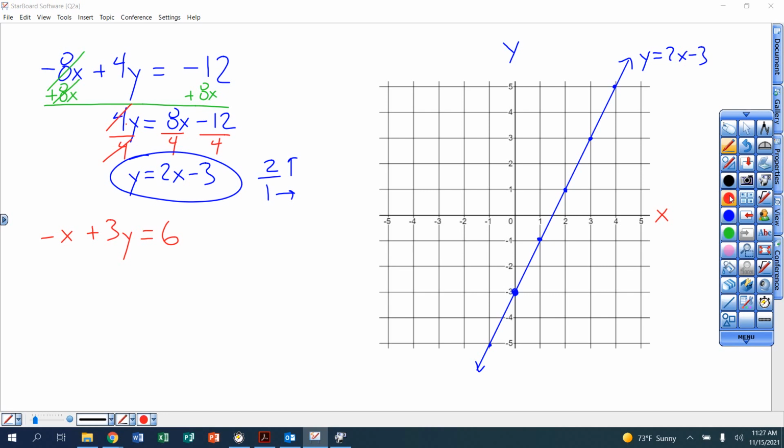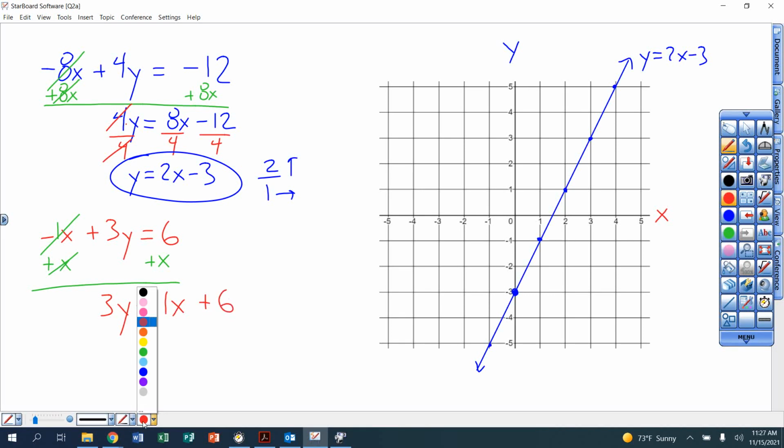All right, the one in red, solve it for y. So the opposite, get rid of that minus 1x right there by adding x, or adding 1x. Either way, it goes away. Bring down that 3y. Bring down x, or 1x. For this problem, I'm going to write 1x to help you out, plus that 6.